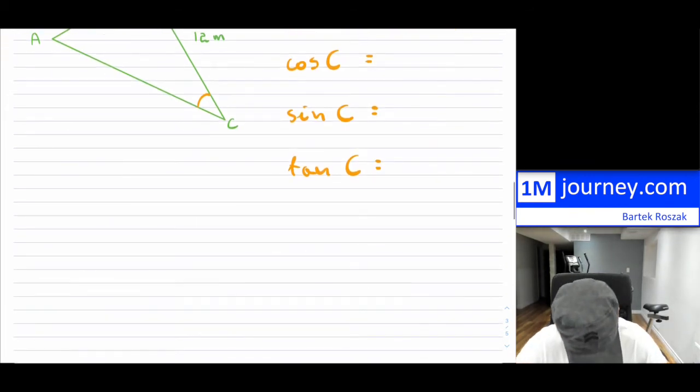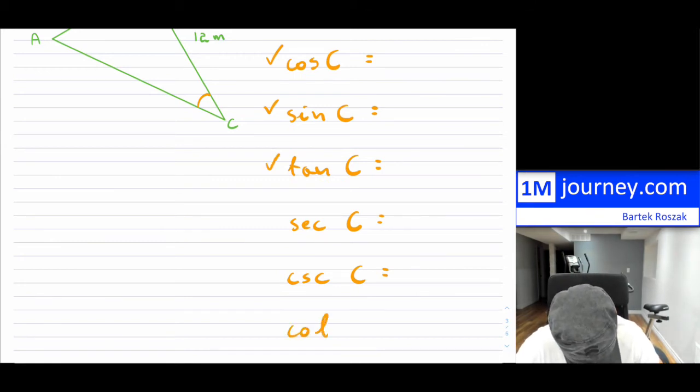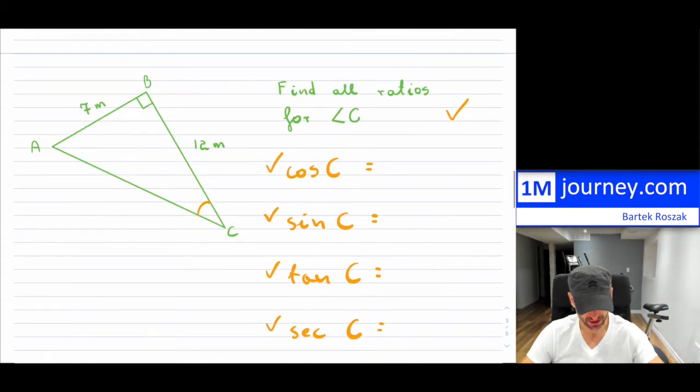Cos gives the secant, sine gives the cosecant, and tangent gives the cotangent of that same angle. And there we would have all the different ratios that we would need. So those are the ratios that we can find.